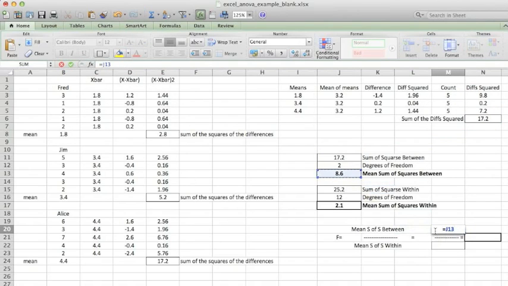The mean sum of squares between is equal to 8.6. The mean sum of squares within the groups is equal to 2.1. The value of F statistic is determined to be 4.09.